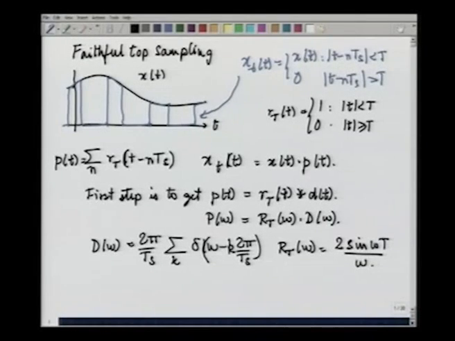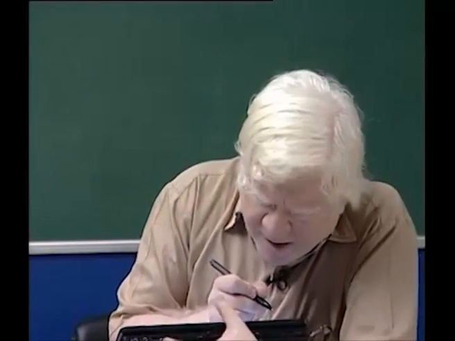So, we now have both of these and we have to multiply them. So, let us sketch each of these functions and see what their product begins to look like. First of all, d omega. Now, the impulses that are components of d omega are placed 2 pi by T s apart from each other.